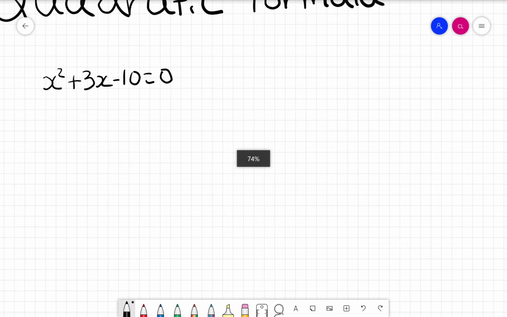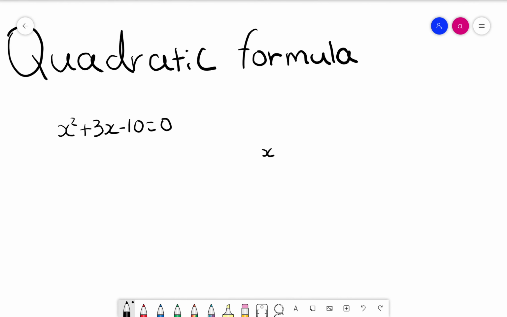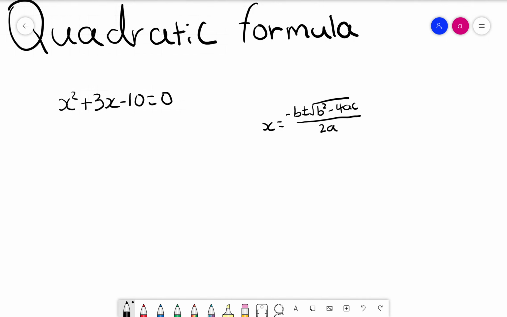Now, the quadratic formula looks very intimidating. This is the quadratic formula. X equals negative b plus or minus the square root of b squared minus 4ac over 2a. Now I know what you're thinking.